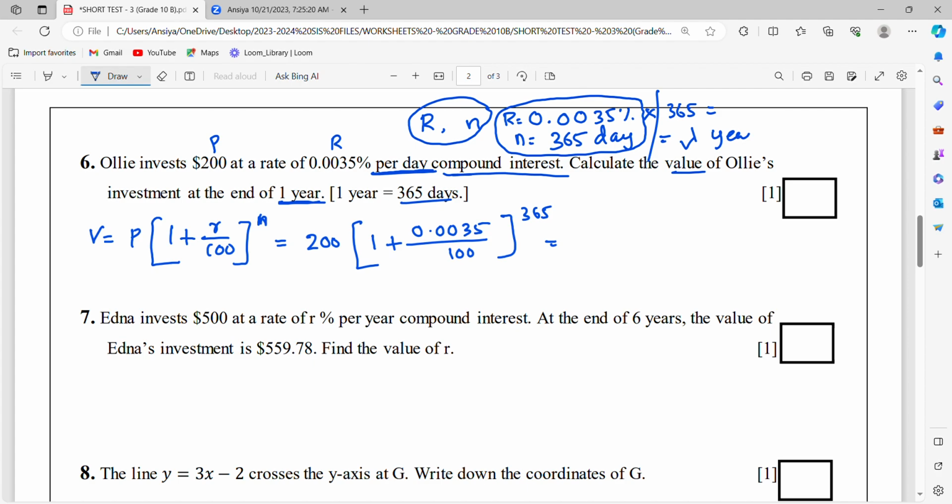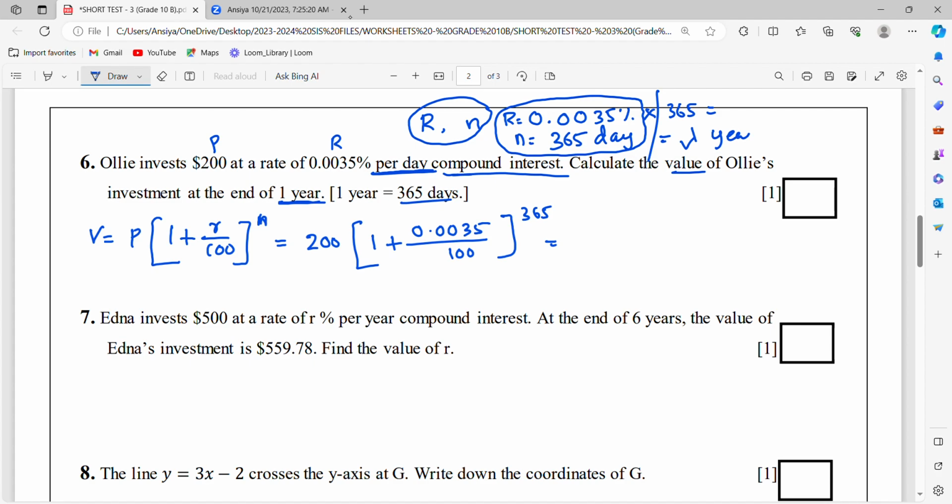Let me calculate 0.0035 over 100 plus 1, power 365, times 200.